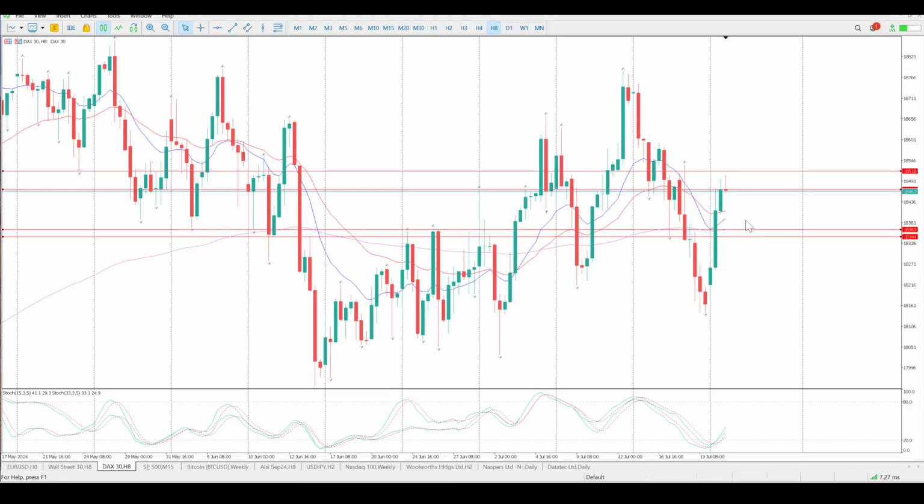Look at the moving averages. They are starting to turn to the upside, but they're still bearish. And the 150 is flat, which doesn't indicate anything to us apart from the fact that we are sideways. And if you look back, you can see that's pretty much what we're doing.